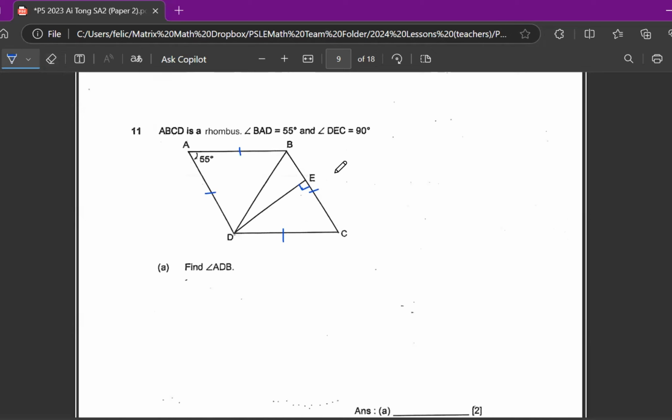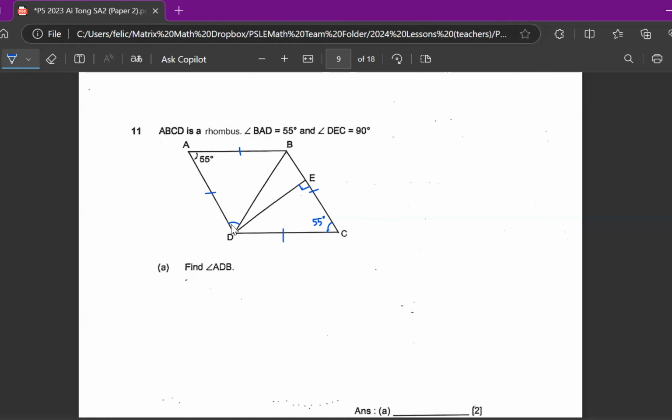All right, so I'm going to start off by annotating something first. Notice that angle ECD should also be 55 degree, because in the rhombus, these 2 angles opposite each other are the same, whereas these 2 opposite each other are the same also. Now the question asks for angle ADB, which is here.